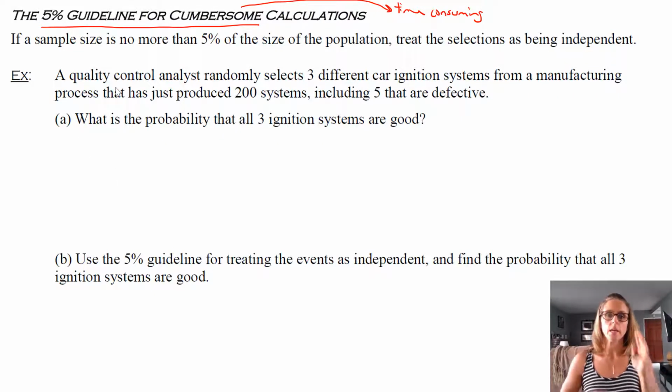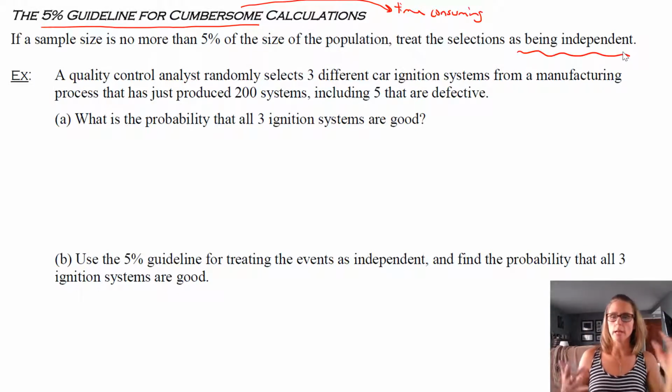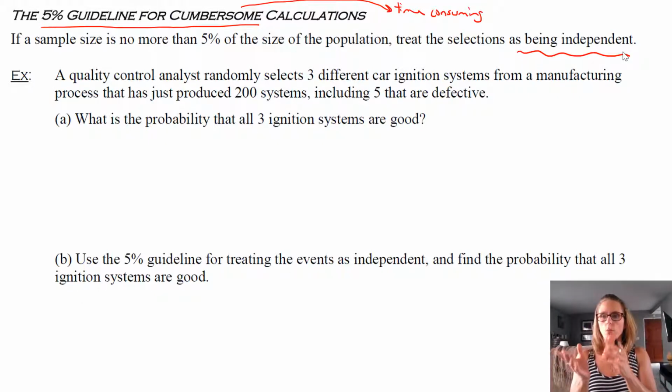What it says is if you're taking a sample size that is no more than 5% of the population, you can actually treat the selections as being independent. So what that means is that you're saying that the probability of one thing does not affect the probability of another, which is not typical for many problems like all the ones we've just been doing.